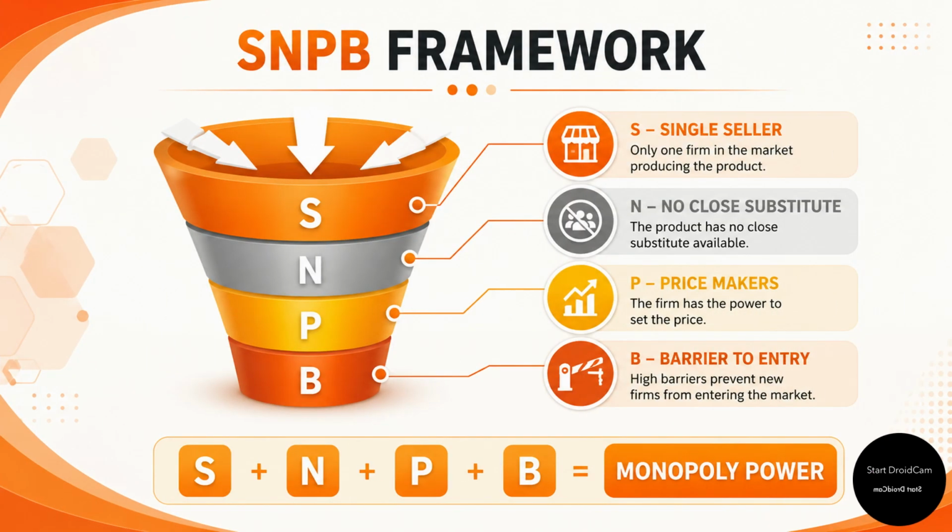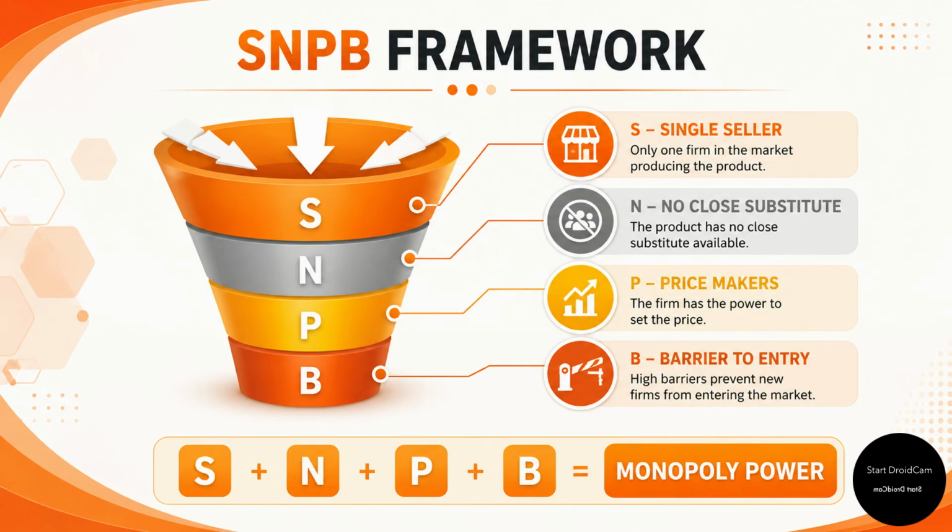To make the characteristics of monopoly easier to remember, we can use the acronym SNPB. S stands for single seller. There is only one firm producing the product in the market. N stands for no close substitute. Consumers do not have a close alternative to the product. P stands for price maker.